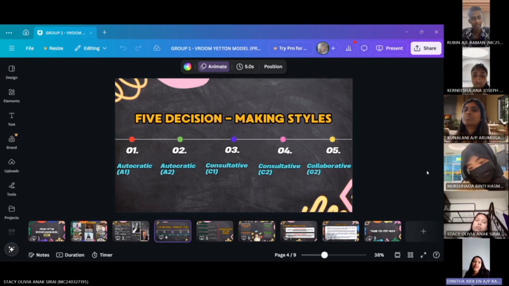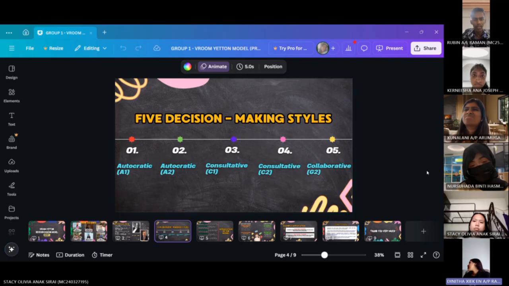Second is autocratic A2. The leader consults with team members to gather information but makes the decision alone. This style is used when the leader needs specific information from team members, but does not require their input in the decision-making process.